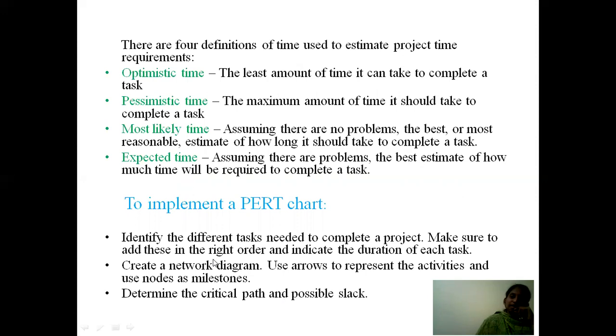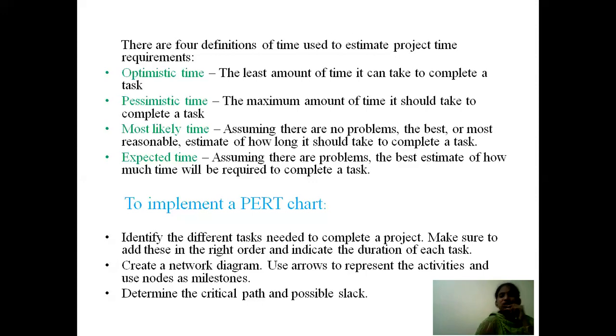Next, here there are four definitions of time used to estimate project time requirements. They are optimistic time, pessimistic time, most likely time, and expected time. So optimistic time is the least amount of time it can take to complete a task.